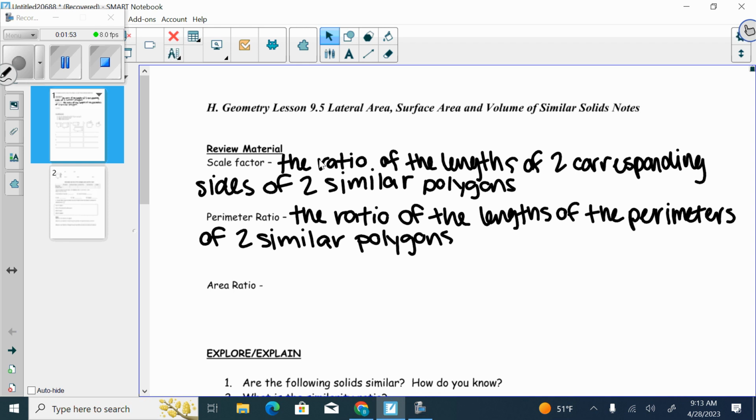Okay, and then we have our area ratio, which is just a ratio comparing the areas.